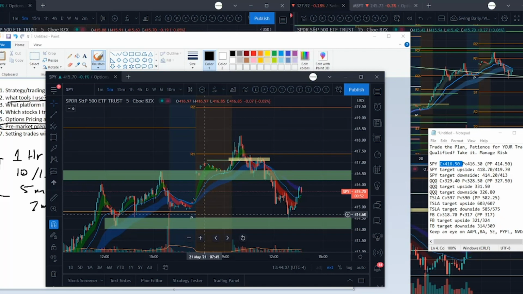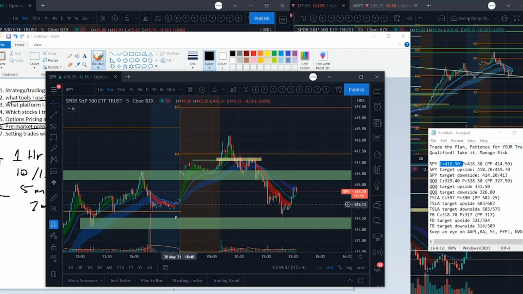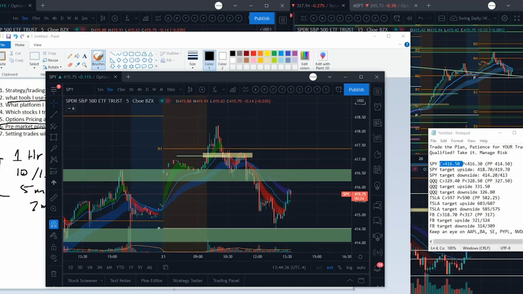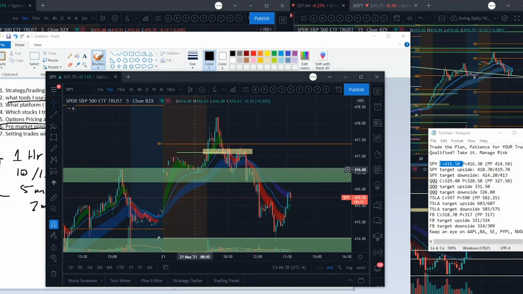Now, I said above 416.50 because if we zoom in, 416.50, obviously not to the exact cent, but it is the pre-market area where these 20 EMAs are holding this current price action and structure. So I want to see this hold out and this structure continue, and this is going to be a very strong potential buy area.